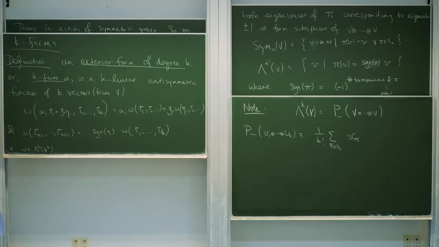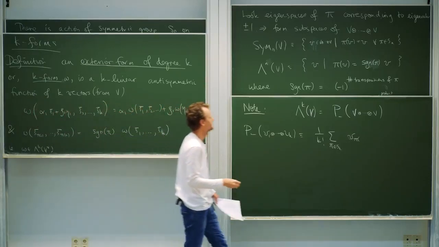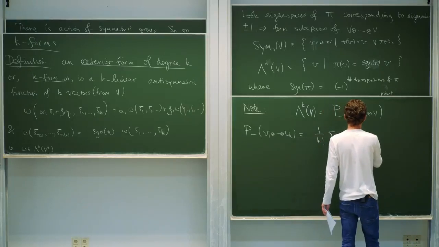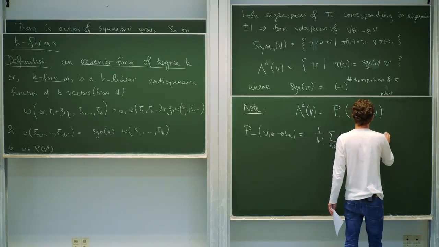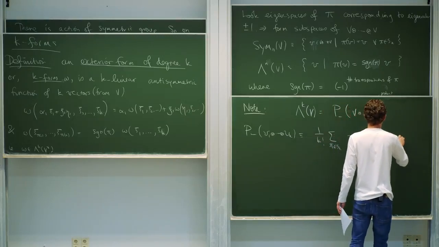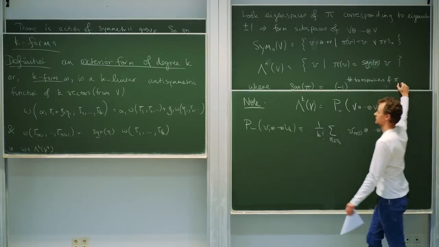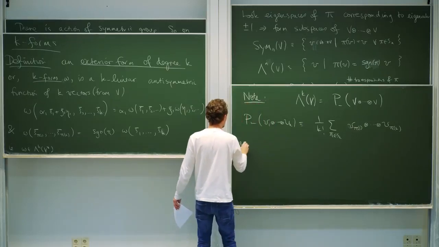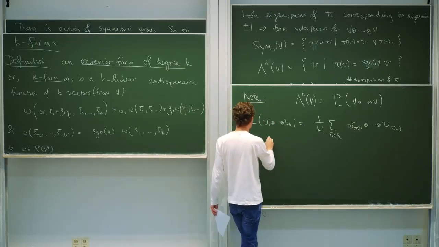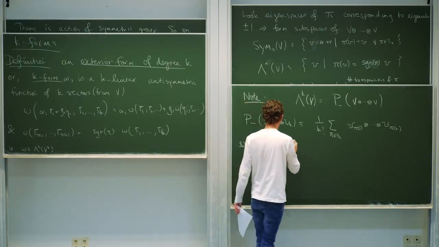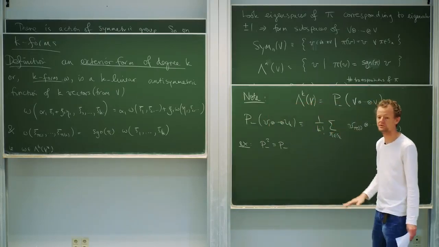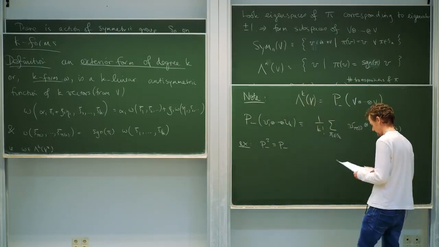Dual vector space. So you can check that P minus is a projection, and therefore gives you a vector space, and then you can check that it's the same vector space.